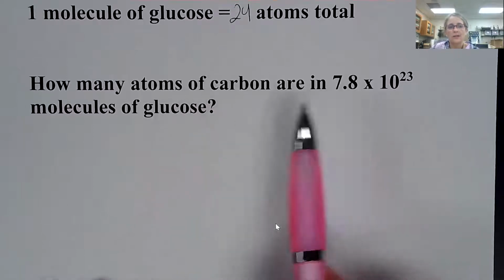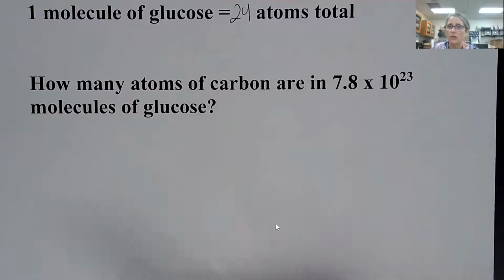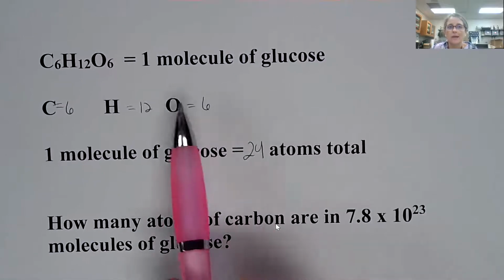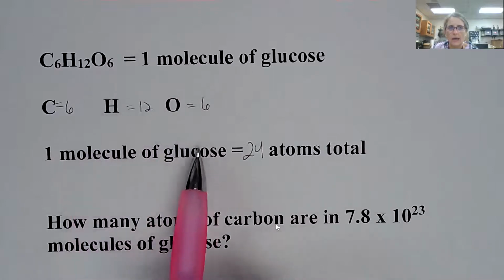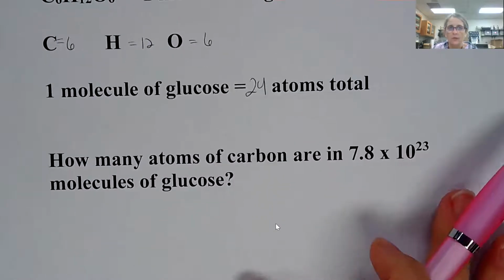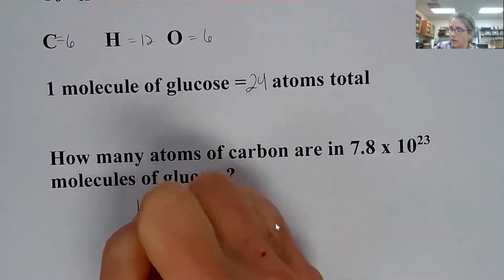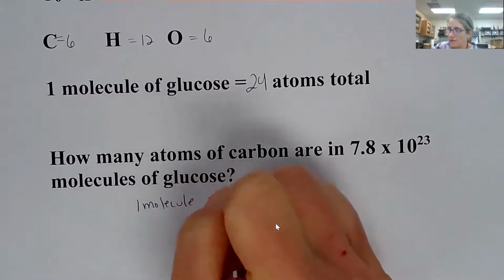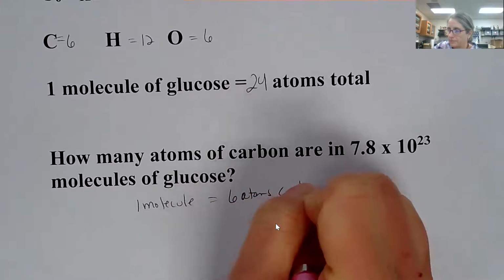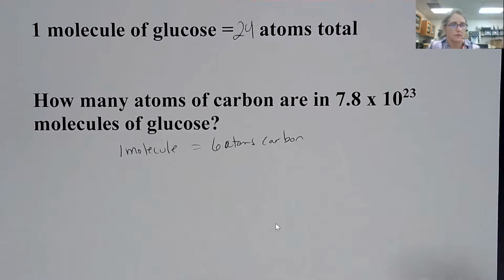Once you get to molecules, how many atoms are you going to have total, or atoms of particular elements? If we go back to glucose, I have 6 atoms of carbon in 1 molecule of glucose. So for every 1 molecule of glucose, I have 6 carbon atoms. That's a relationship I could use for a series of different calculations.